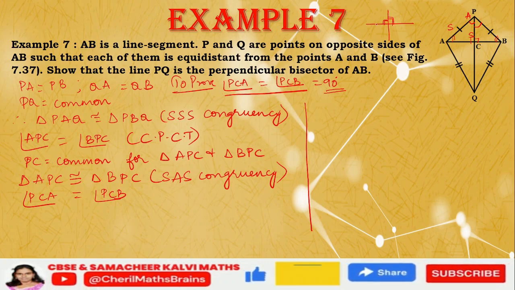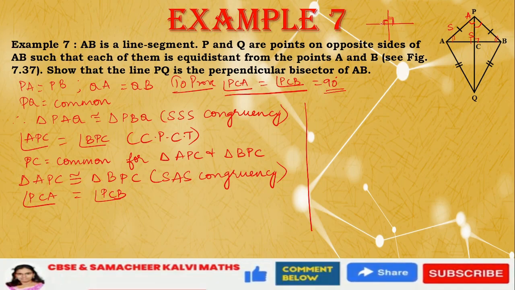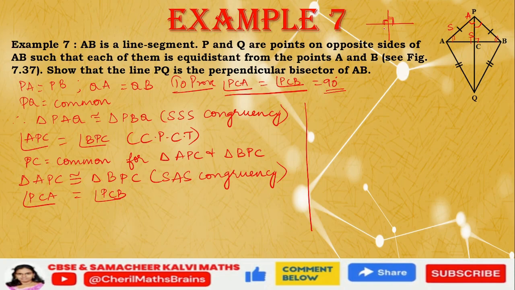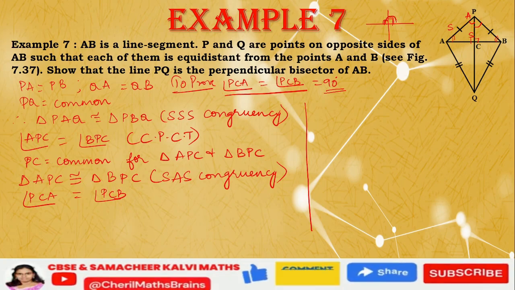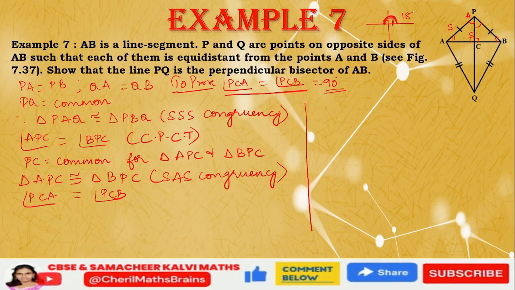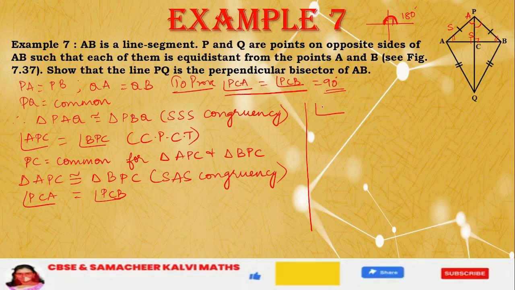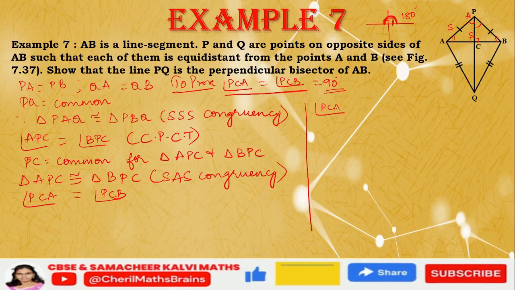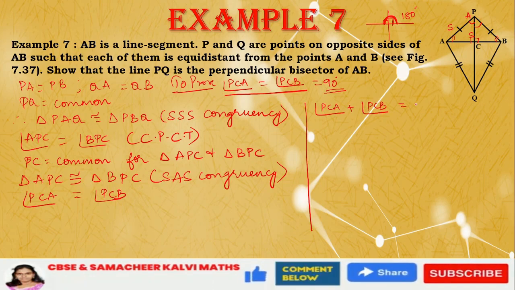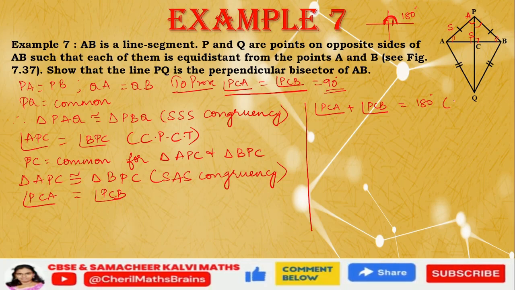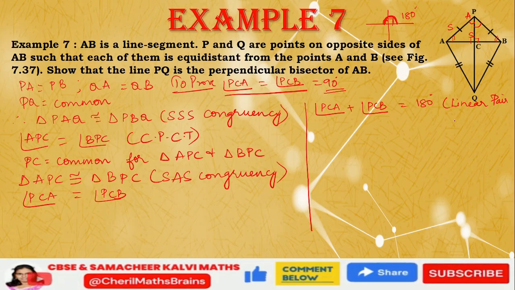They are a linear pair of angles, and the sum of a linear pair of angles is 180 degrees. So angle PCA plus angle PCB is equal to 180 degrees.